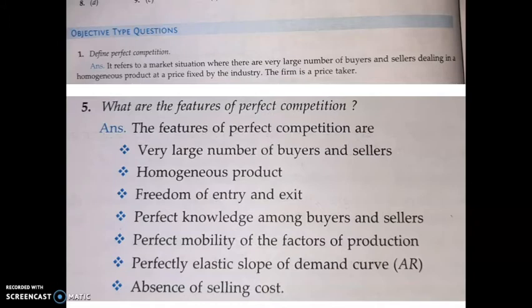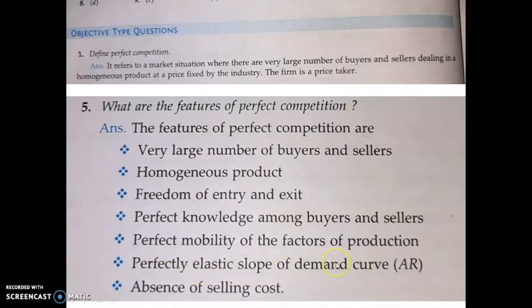Then, perfect mobility of the factors of production. Factors of production can move from one place to another very easily. That is perfect mobility.